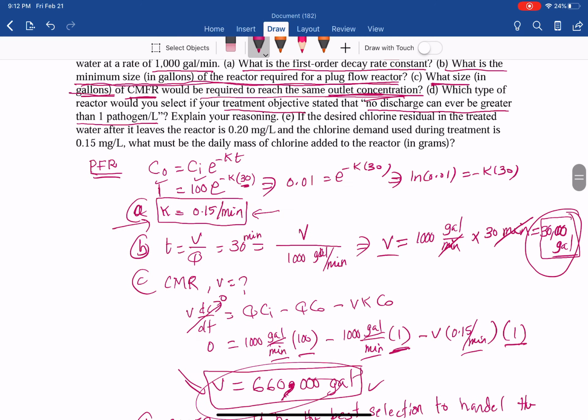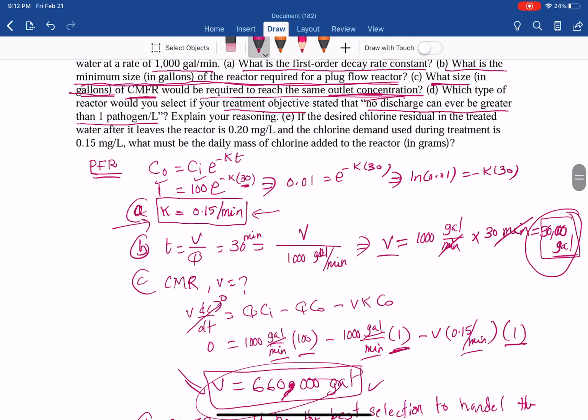This will make sure that this is enough to kill the bacteria. So this is 0.2 milligram per liter. This is the chlorine residual. Chlorine demand is 0.15 milligram. So we need these two.